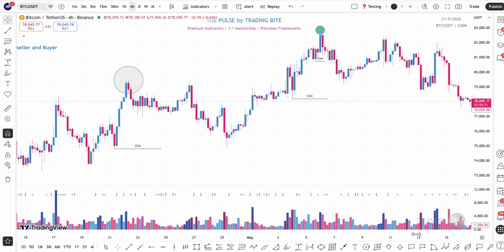Now let's see if we assume that this is our highest point. Even though we have that one, just for learning purposes, this is the highest point. Can we mark this candle as an inducement here?